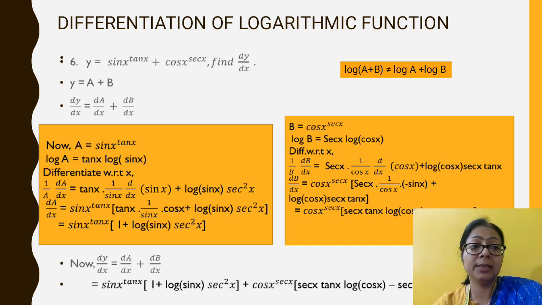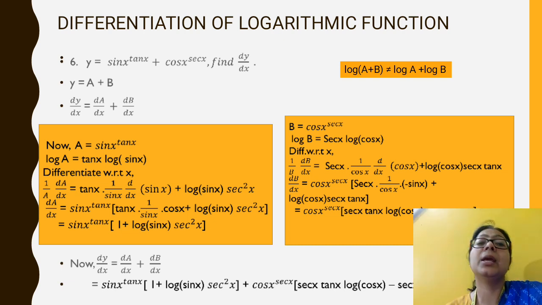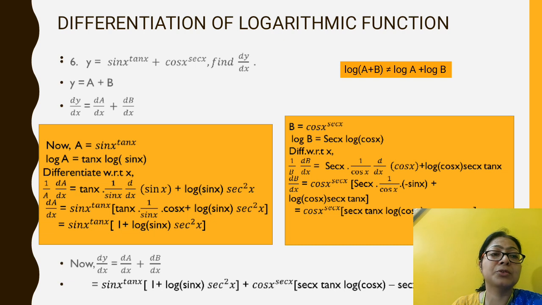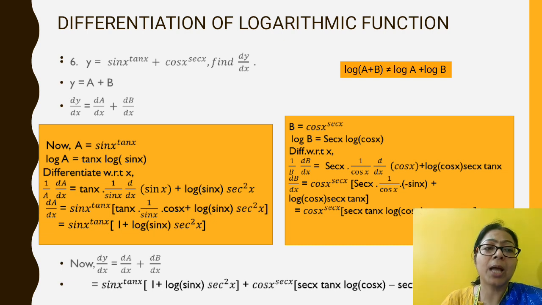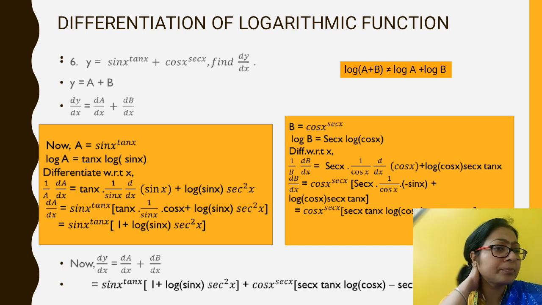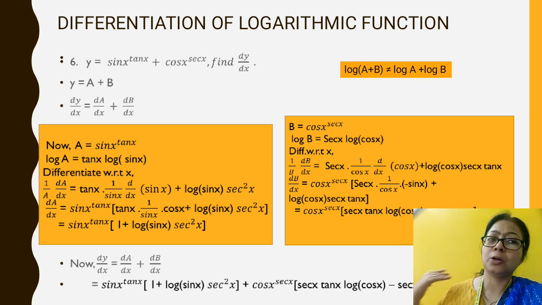Now we are taking log. Whenever we have considered two terms separately, then only we can take log. Log is used when we have something of the form f of x to the power g of x. In that form only we can use log. Otherwise log of a plus b we cannot write as log a plus log b. Same way log of a minus b is also not log a minus log b, that is not possible.